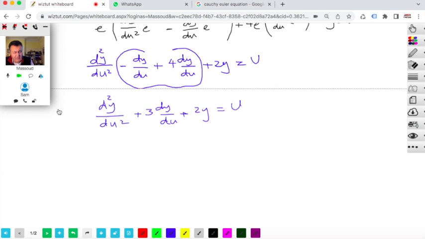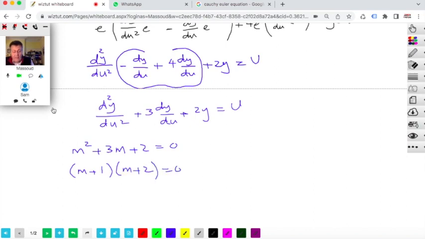So if we now go for finding the auxiliary function, the auxiliary equation would be m squared plus 3m plus 2 is equal to 0, which will factorize to m plus 1 and m plus 2 is equal to 0.